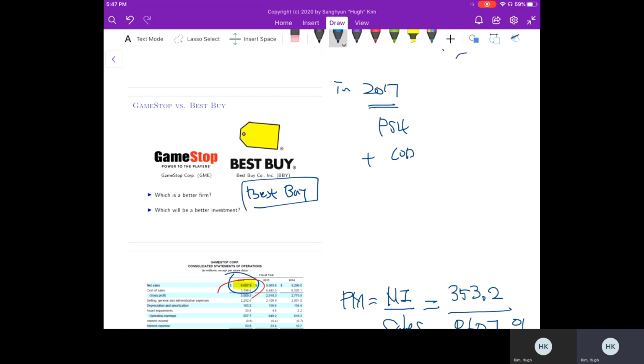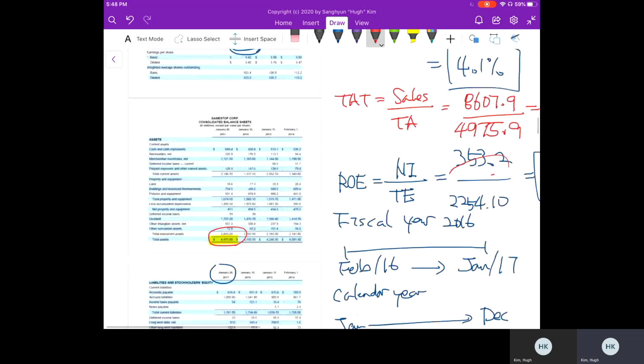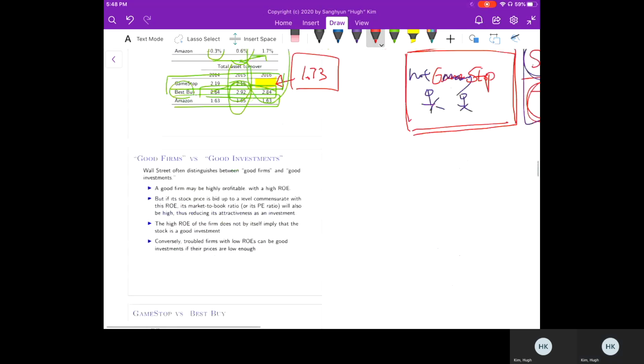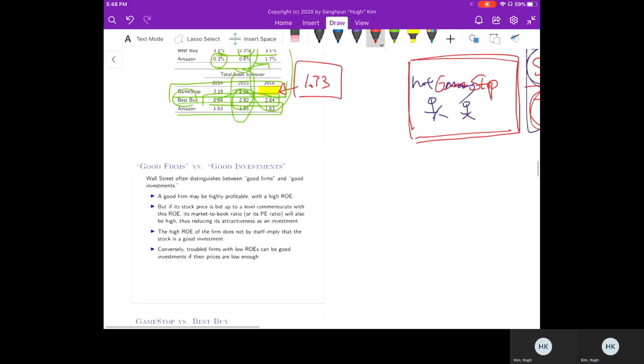And how about which is a better investment? This is not clear, at least from the analysis so far. The reason is that we have to distinguish good firms and good investments.